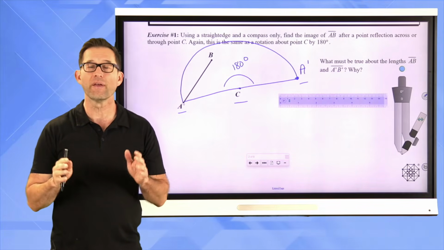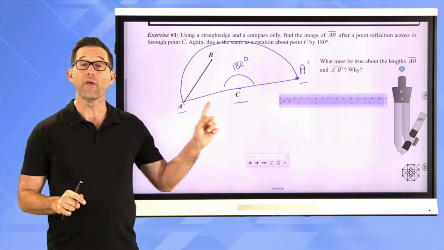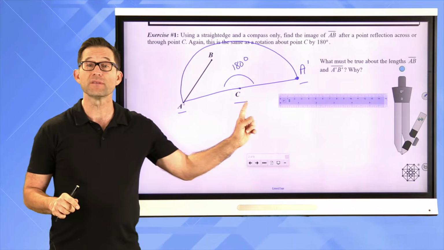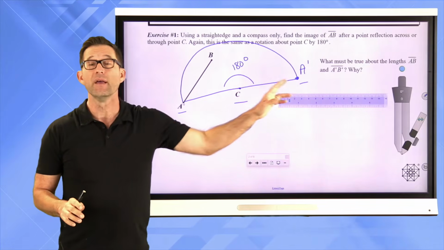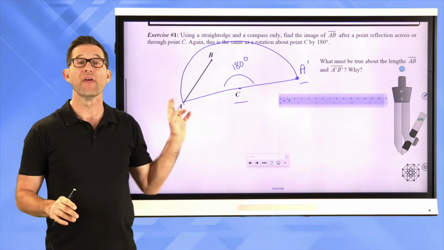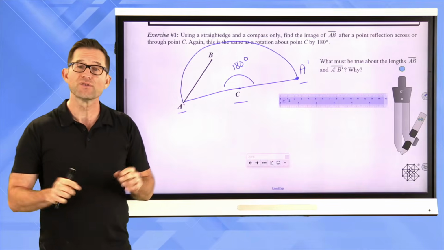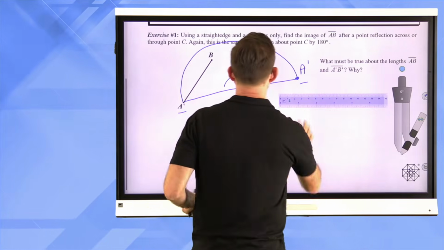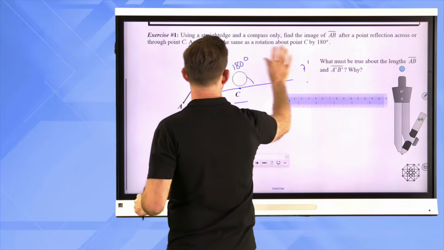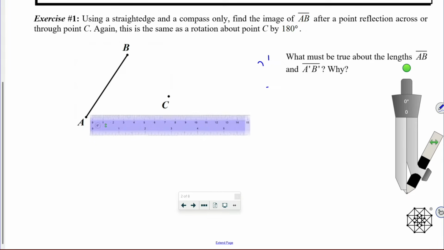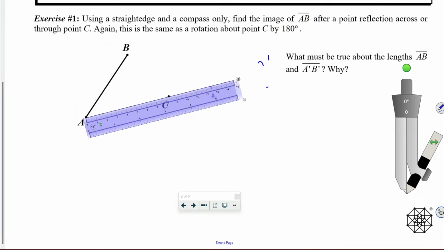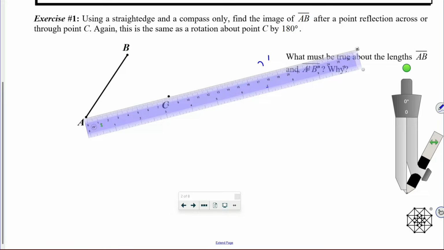They will fall in a straight line with A being the same distance from C as A prime, or better yet, I should say A prime is the same distance from C that A was when it started. So let's see how to do this with only a compass and a ruler, all right? And it's really quite cool, but it rests on the idea that you understand that the pre-image point and its image point will be collinear.